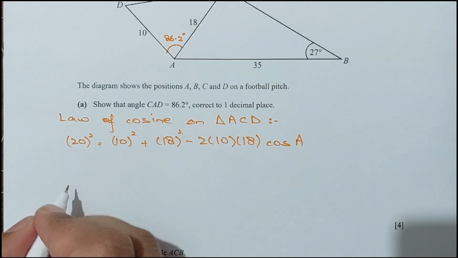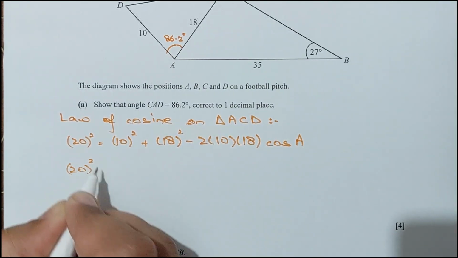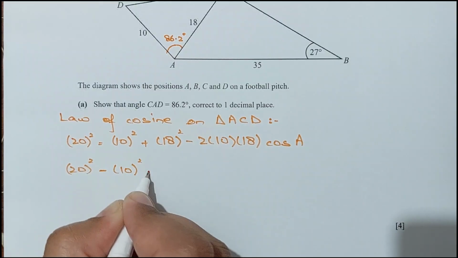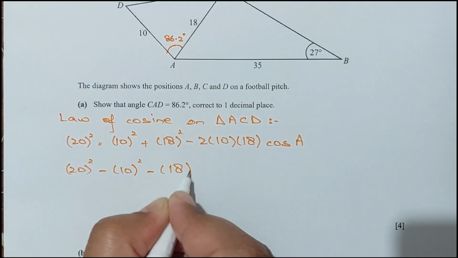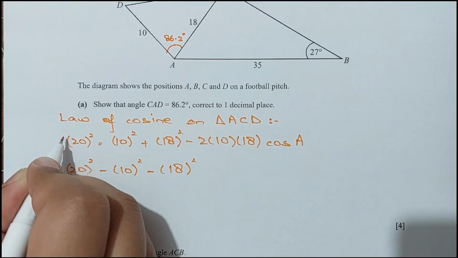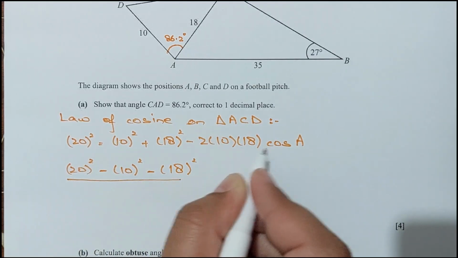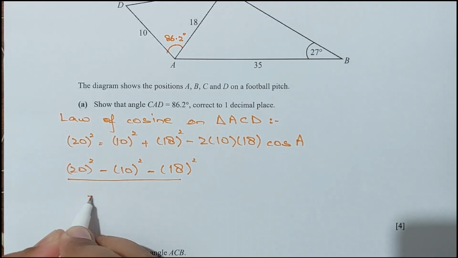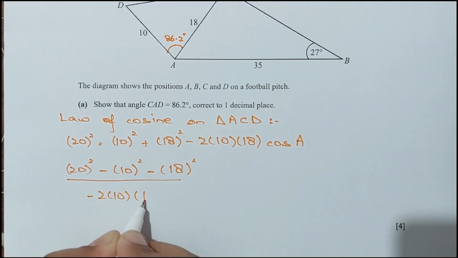To get this angle, we can say 20 squared minus 10 squared minus 18 squared. You have to shift these terms to the other side and divide by minus 2 into 10 into 18, because it is a product.